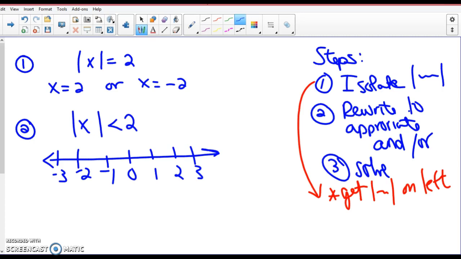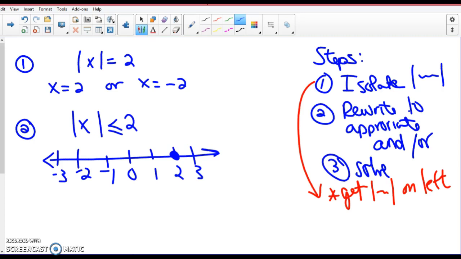It is less than 2. So, let's start filling in numbers. Make this less than or equal to, life will be easy. Start at 2. Is the absolute value of 2 less than or equal to 2? Yes, because 2 is less than or equal to 2. That means I'm going to have a solid circle right there.